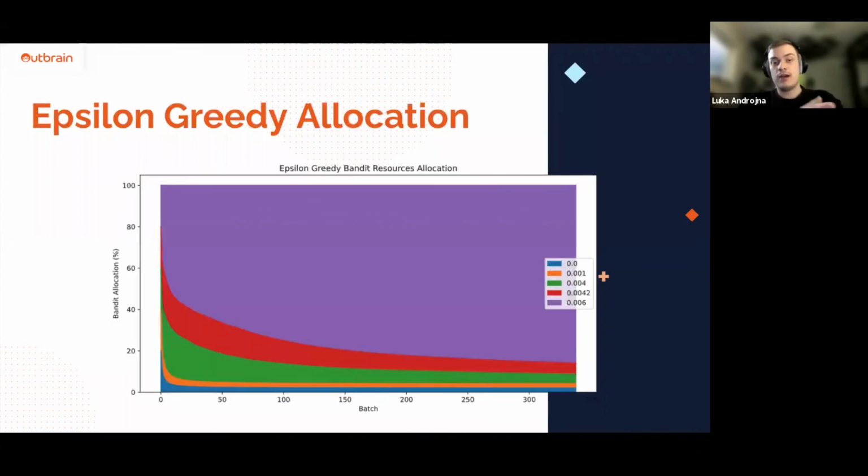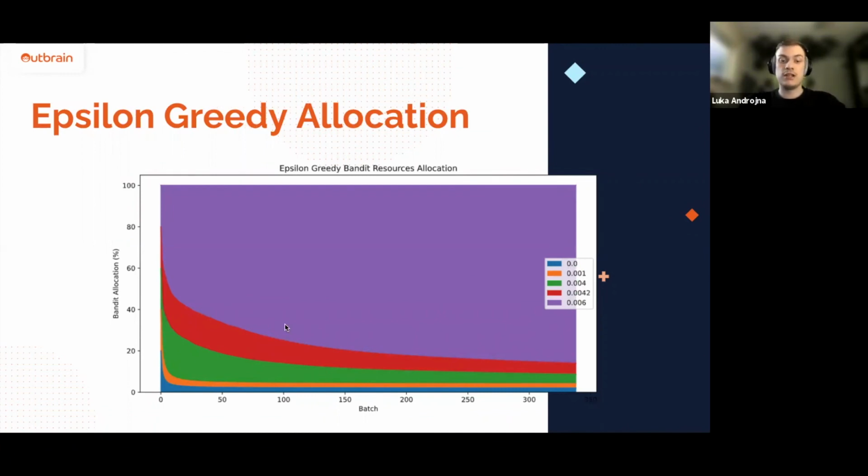If we now compare the last chart to the Epsilon Greedy allocation, we can already see a huge difference, but also some issues. In this simulation, I added a bandit that doesn't perform at all. It has a CTR of 0, which means that it doesn't generate any clicks.